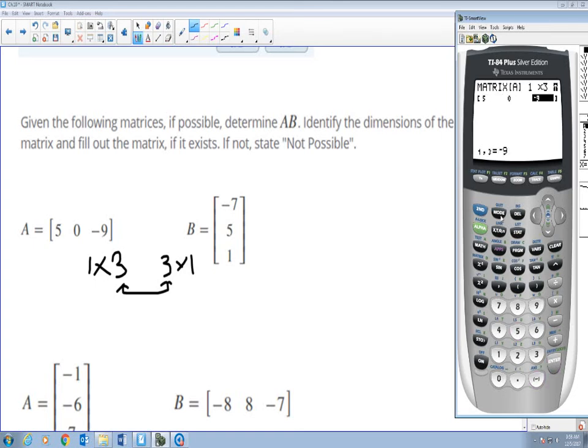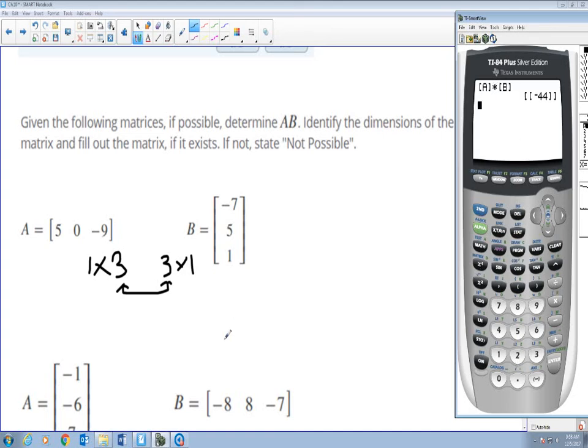Get out, go back in, under edit go to matrix B, and let's do 3 rows by 1 column: -7, 5 and 1. I get out, go back in, and pick matrix A times matrix B.